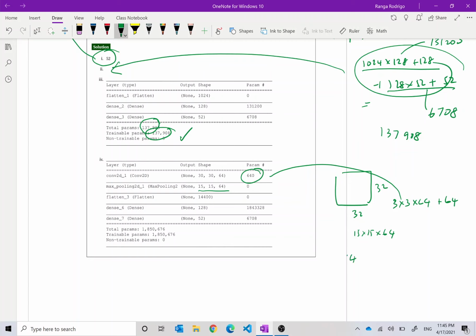That is 14,400, which will be connected to 128.